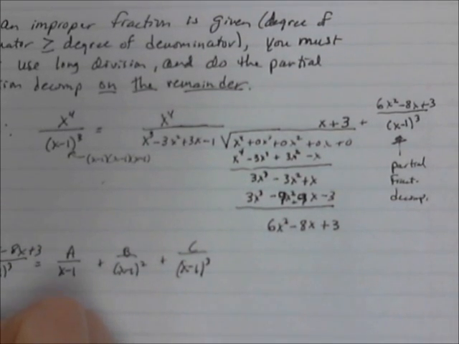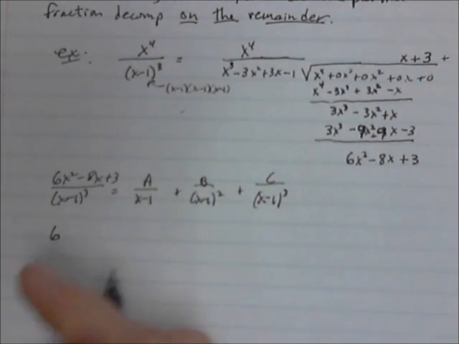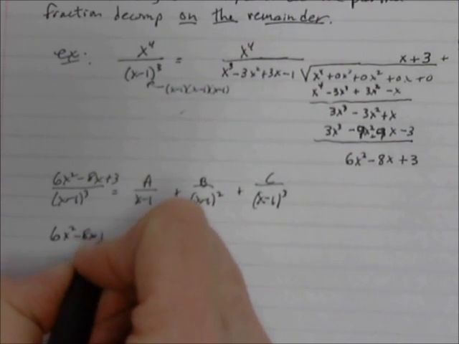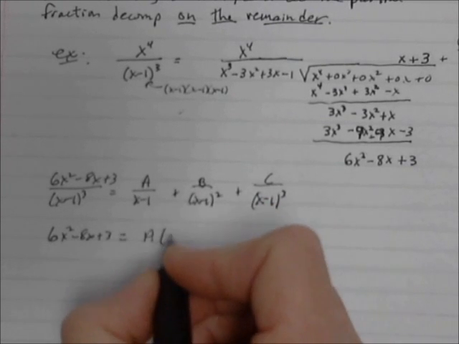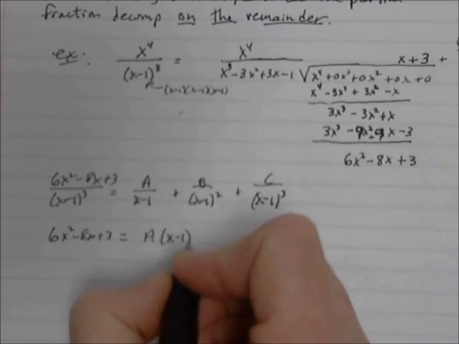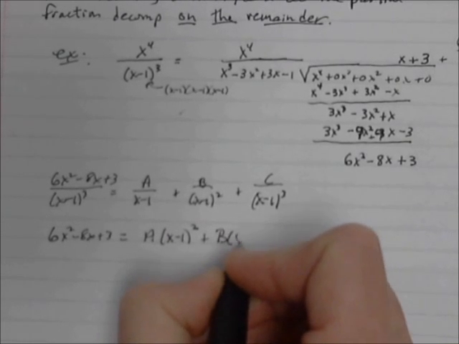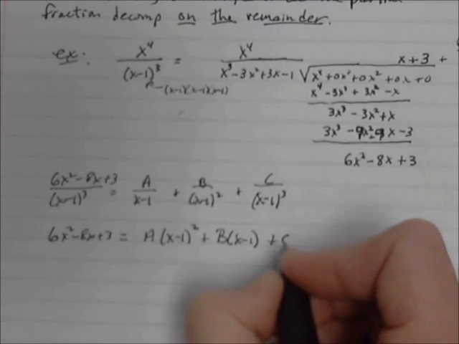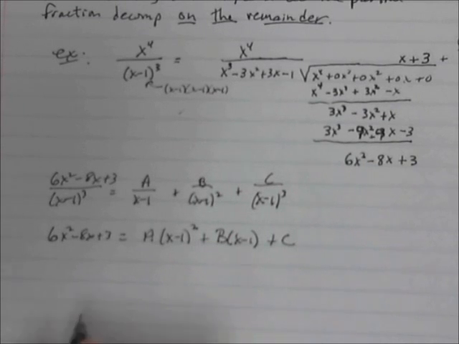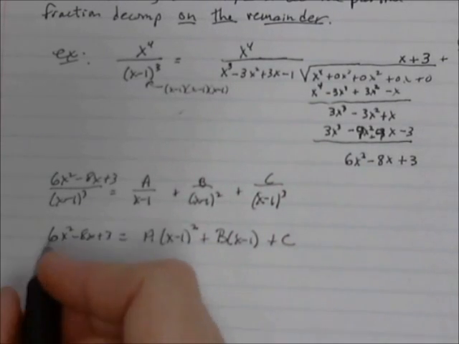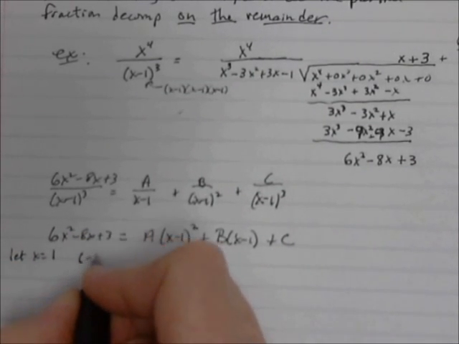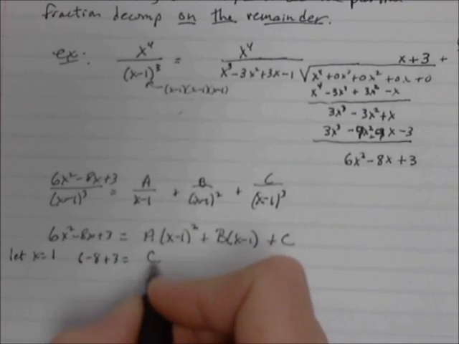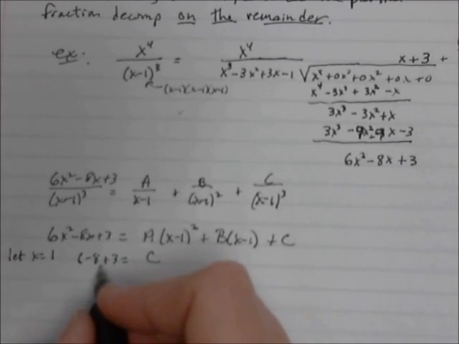And if you clear the denominator, you get 6x squared minus 8x plus 3 is equal to a times x minus 1 to the second power (one of those three x minus 1's cancels) plus b times x minus 1 to the first power plus c. It looks like if we let x equal 1, we'll get rid of everything except for c. So we have 6 minus 8 plus 3 is equal to c. And then negative 2 plus 3 is equal to 1.